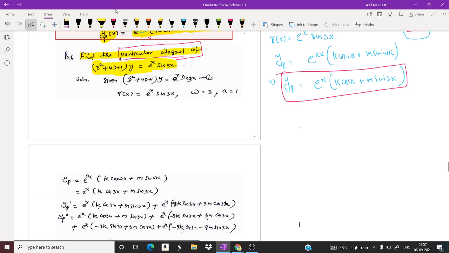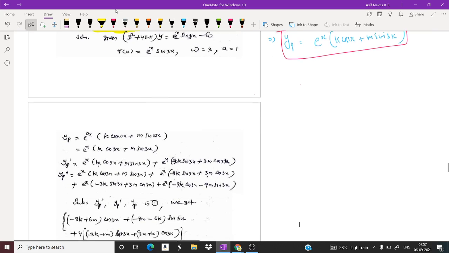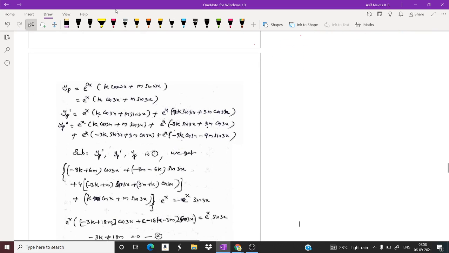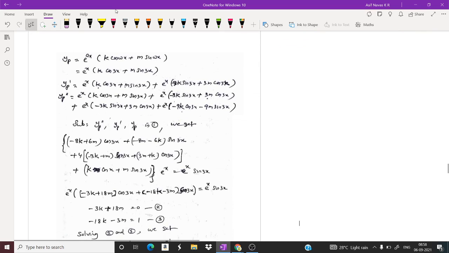Now we will find the particular solution, which involves differentiation. So we choose yp is equal to e raised to x (k cos 3x plus m sin 3x).